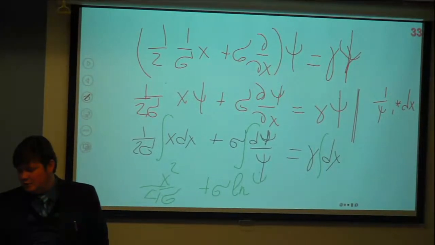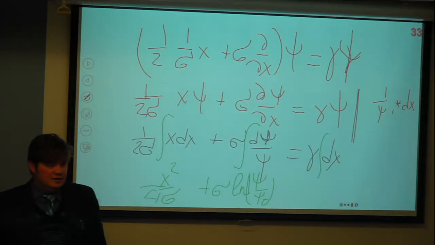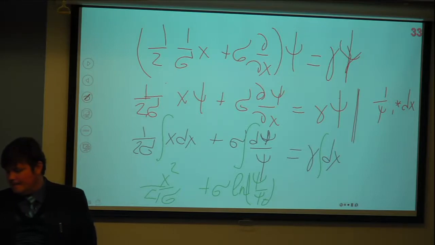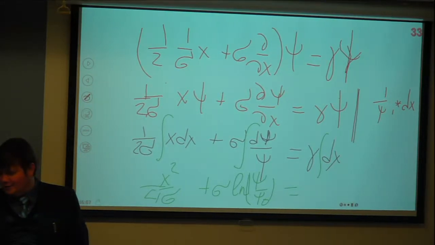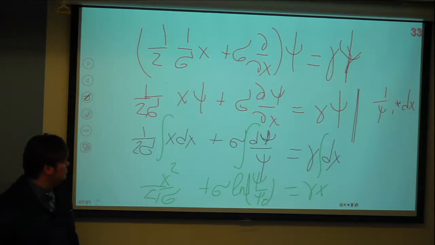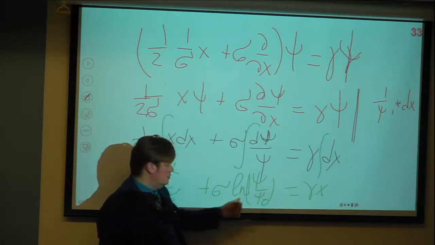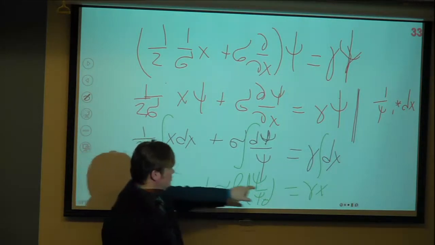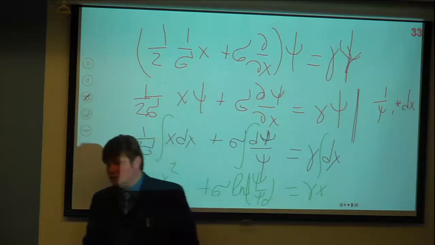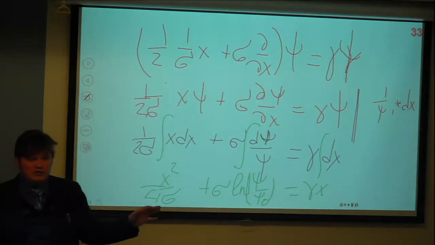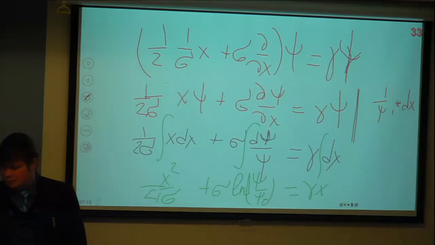Let's put psi over psi naught, because it's the free constant. What is the integral of dx? So what should we do? Probably solve for psi, right? To migrate this x squared to the right, and then take both parts into exponential.